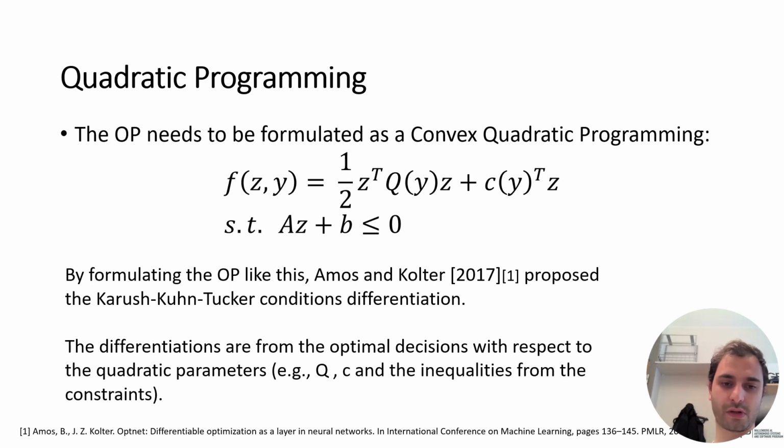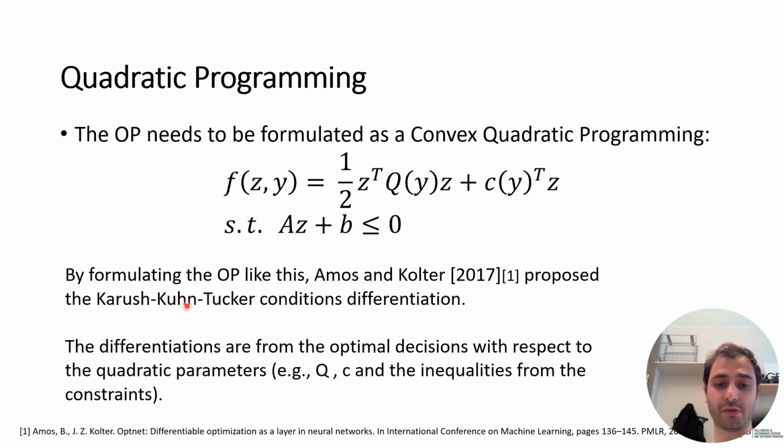First, we start with a work that focuses on quadratic programming. Quadratic programming covers all the optimization problems that follow this specific formulation, which has a matrix here, which is Q, and a vector C. In this case, the decision variable again is Z. You want to minimize this objective function, and the constraints have to be linear in quadratic programming.